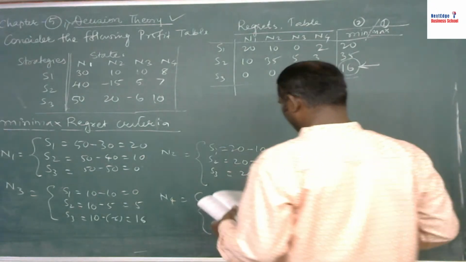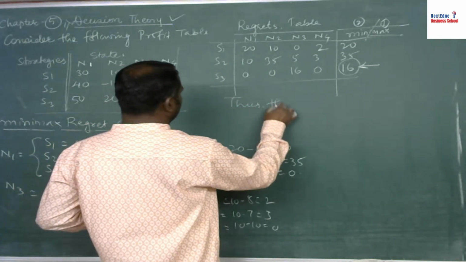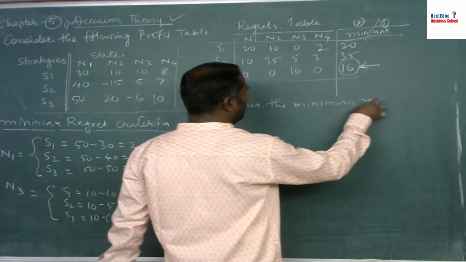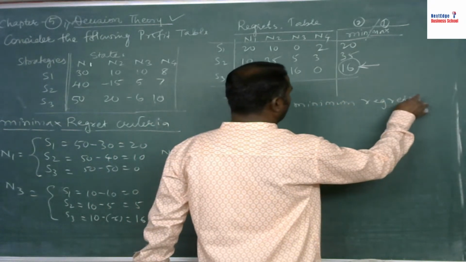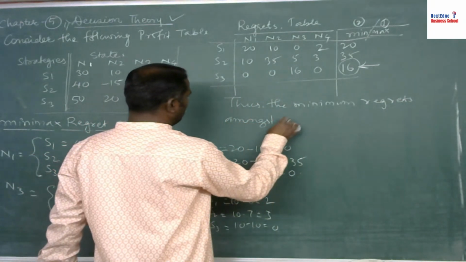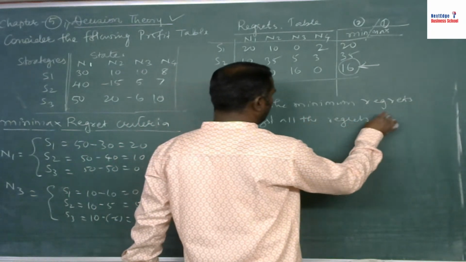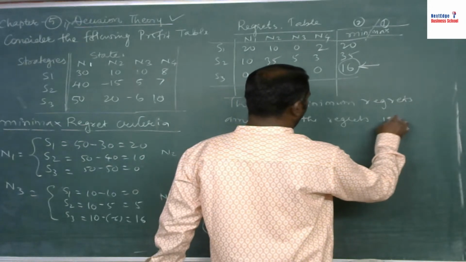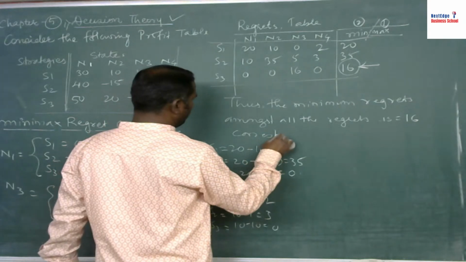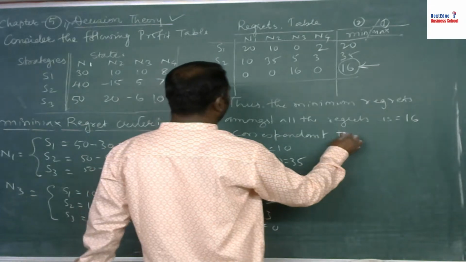Thus यहाँ पे लिख सकते हैं हम लोग, thus the minimum regret amongst all the regret is 16, corresponding to S3.